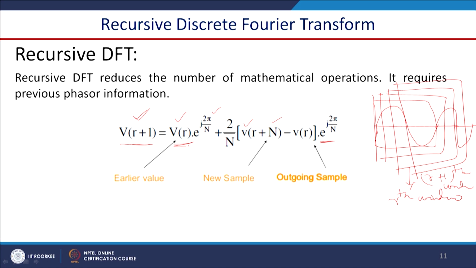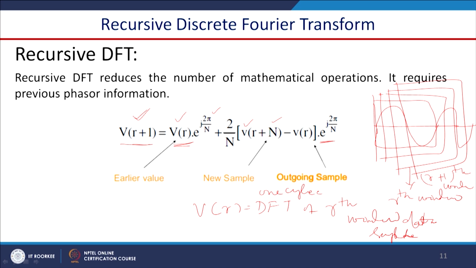Now, how to express this? This VR is the previous window DFT value. So, what is this VR? The VR is the one cycle DFT of the rth window data sample. This data may be voltage data or current data.